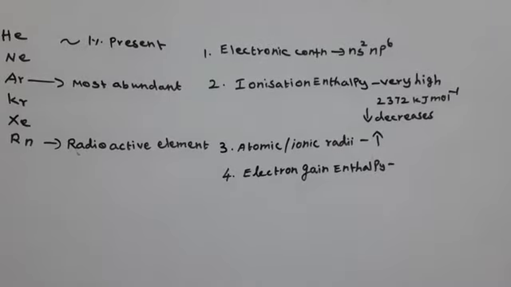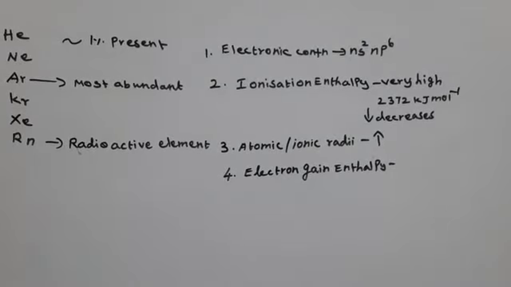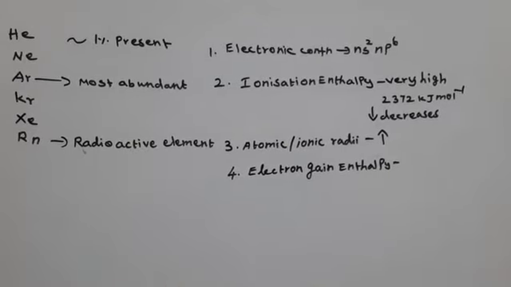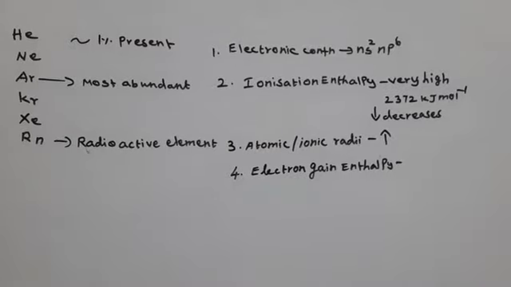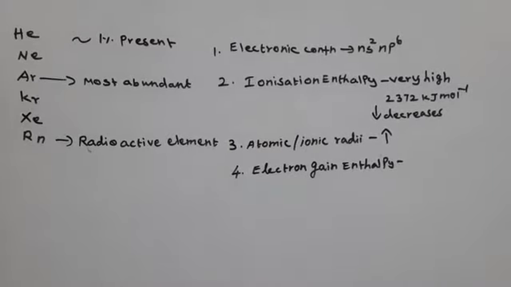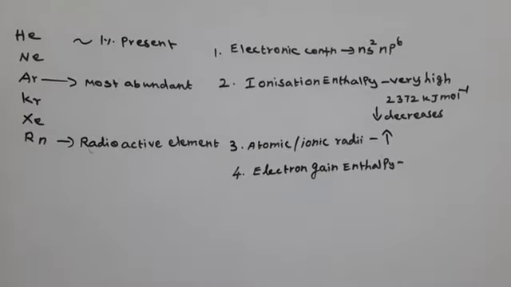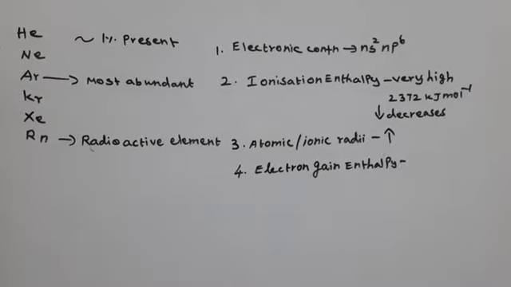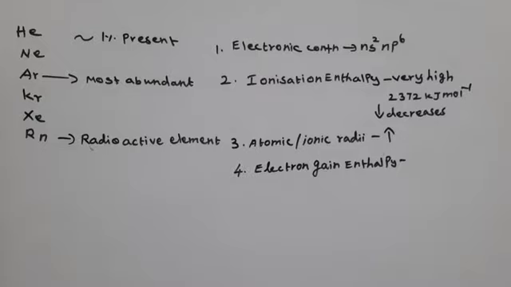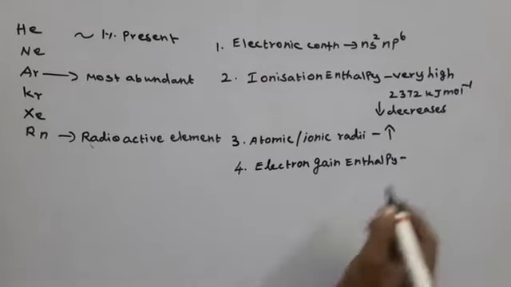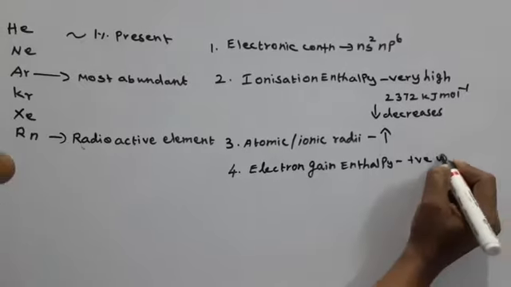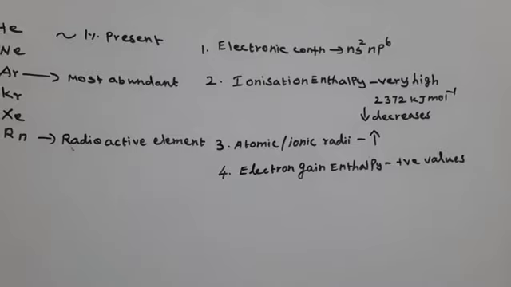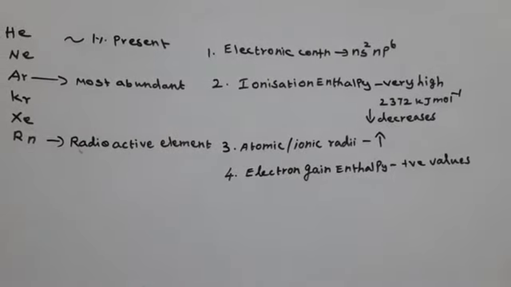These have completely filled orbitals, ns2 np6, except helium, which has only ns2 electronic configuration. Since it is a completely filled configuration, there is no tendency to accept electrons. Therefore electron gain enthalpy has large positive values. So these are the periodic trends.